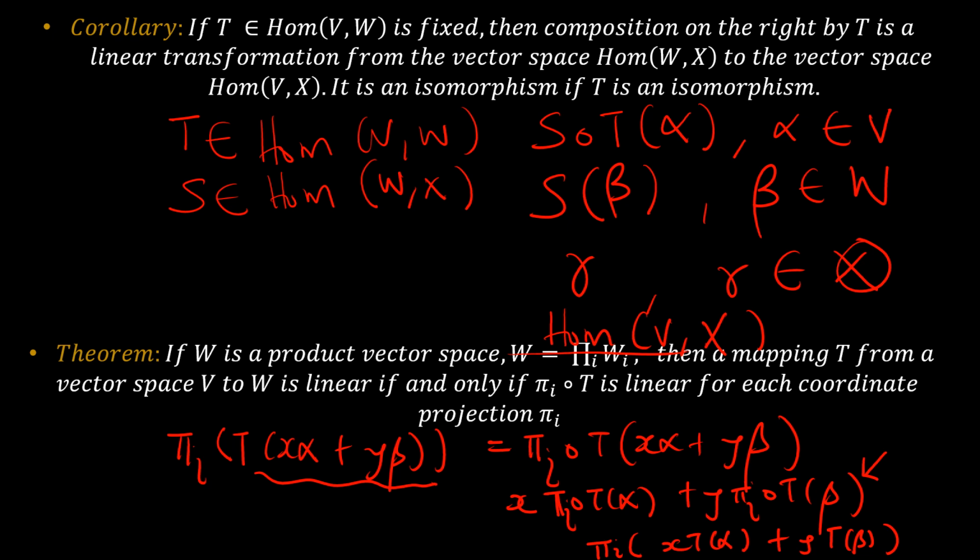The sum of things inside the bracket is the same as the independent sum of things. So this already proves that the coordinate projection here, pi i, is linear. So that's a straightforward thing. We could play around, but I think that is as straightforward as it could be.